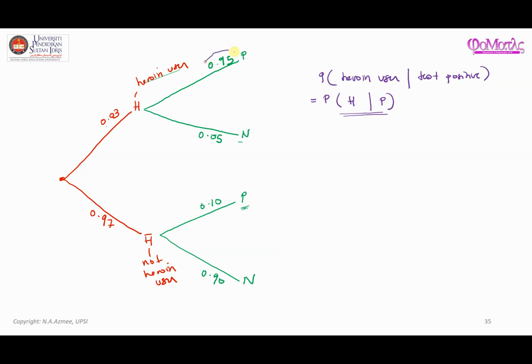For example, what is the meaning of 0.95 here? 0.95 is the probability that the test is positive given the person is a heroin user. So what we want to find is H given P, but the information is given the other way around. It is P given H.